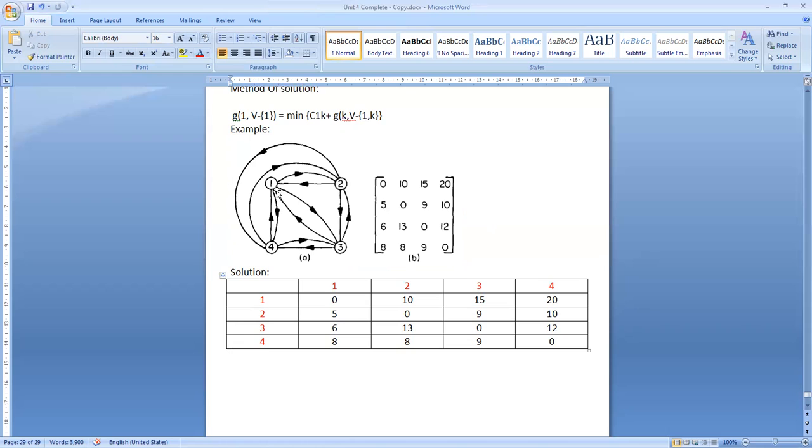Let me start from vertex 1, for convenience.